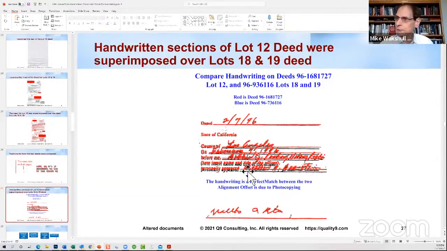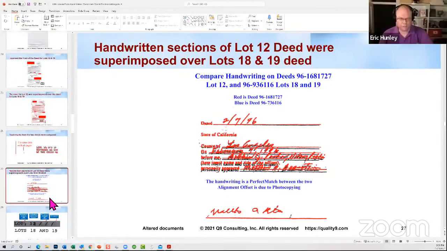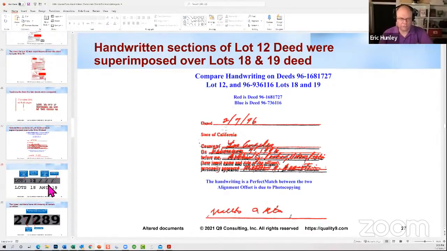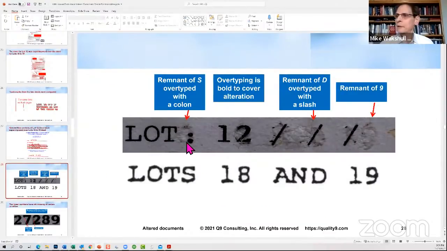And this misalignment, that's just photocopy, because photocopy is never an exact copy. Right. And then what I did is on here, this is the reason for doing high resolution scans.